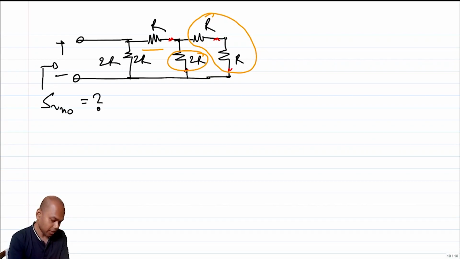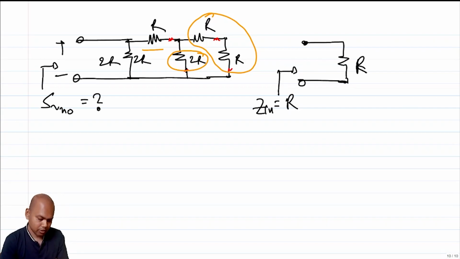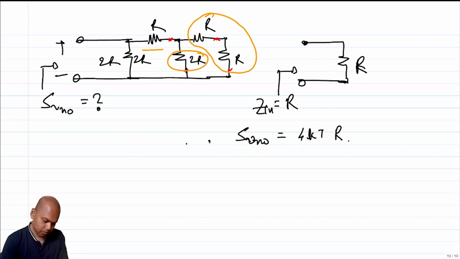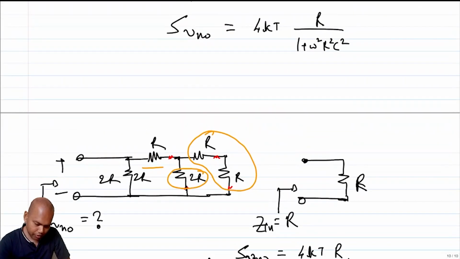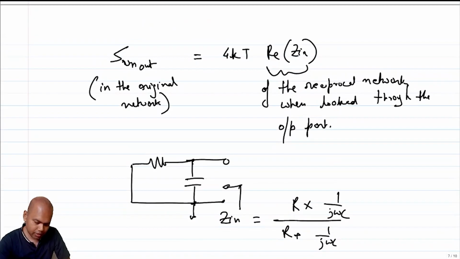So I essentially get the equivalent Thevenin impedance as R. So Z in is equal to R, and my SVNO is 4kT times R. So that is finding the noise spectral density from the method that Nyquist gave us about 100 years back.